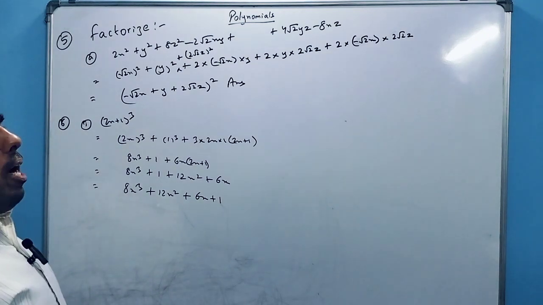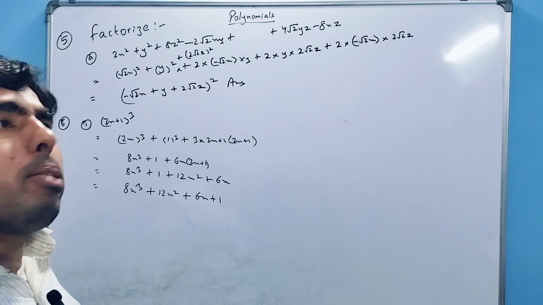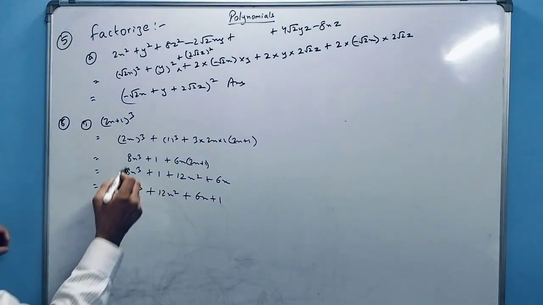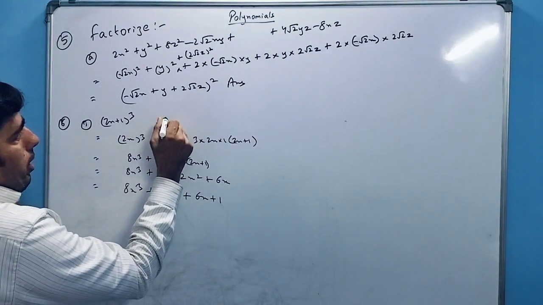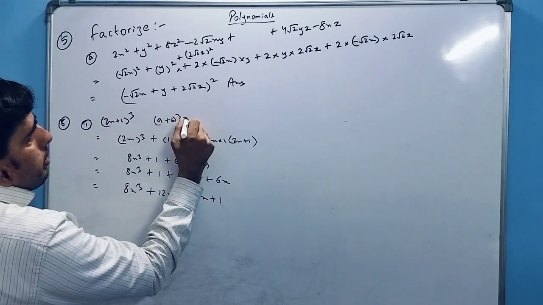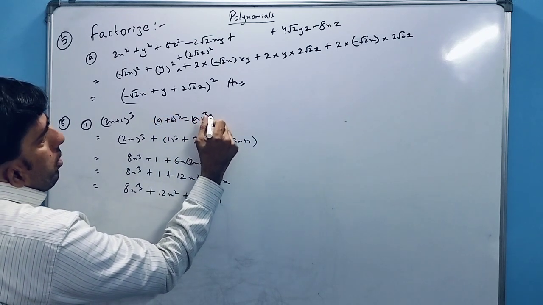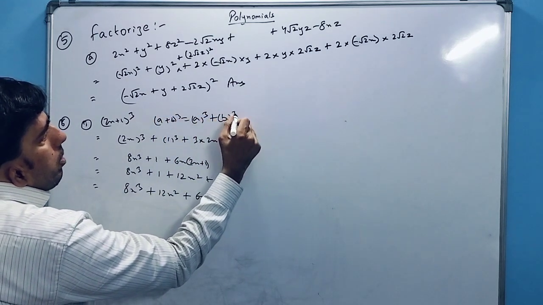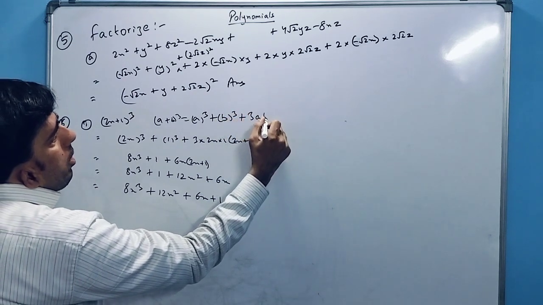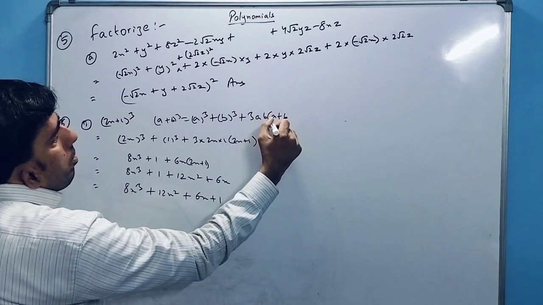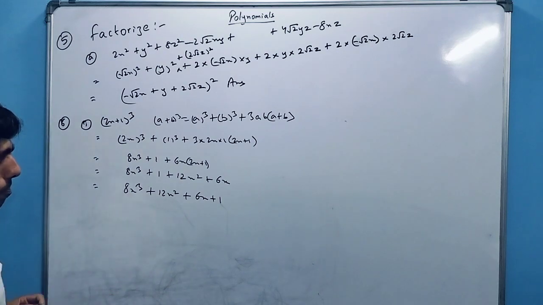Here I have used the identity (a + b) whole cube, which means a cube plus b cube plus 3ab into (a + b).